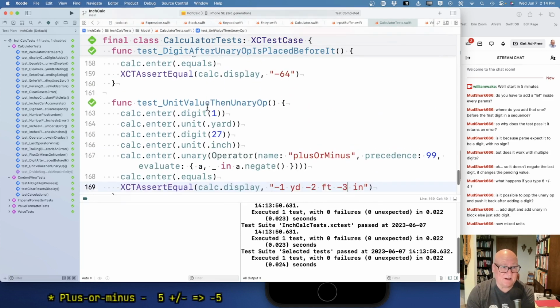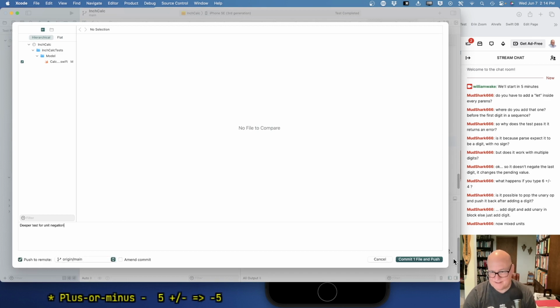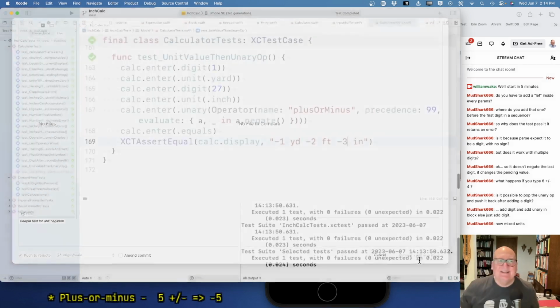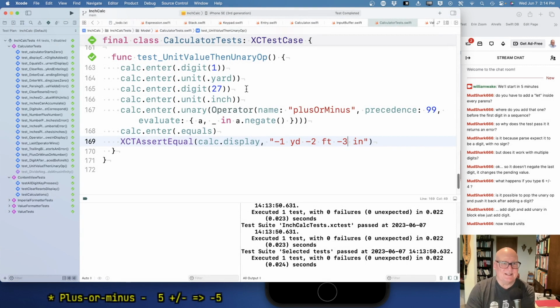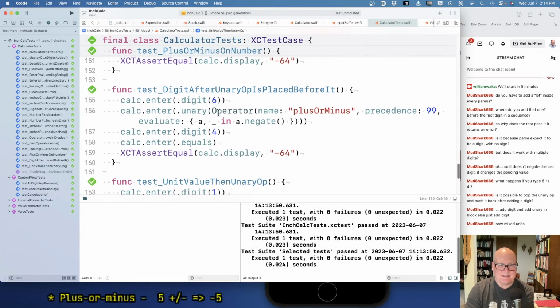All right, now I'm doing a deeper test for unit negation. All right, now I feel bad knowing this. We also have to worry about inches then. If somebody types 6 inches plus or minus, they've entered a value.